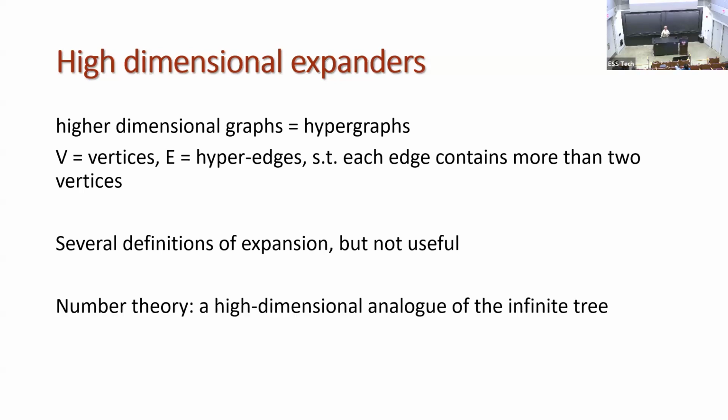And it turns out that from number theory, the same area that gave us the infinite tree and the quotients and the expander graphs, they also have a high-dimensional analog for their infinite tree. Just like they have an infinite one-dimensional tree, they also have the same kind of thing, but in higher dimensions. And it so happens that this gave a clue to a very different direction of defining expansion.